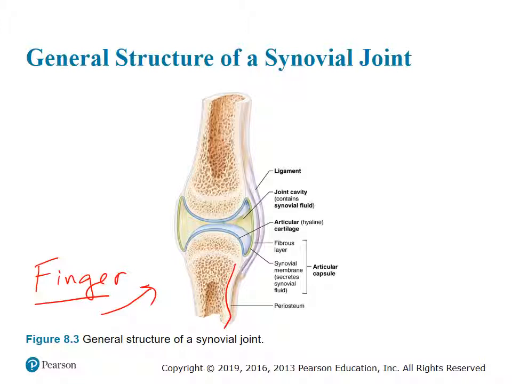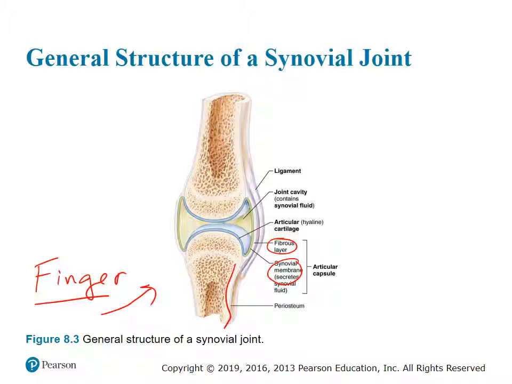Surrounding the cavity, because this is the cavity, in fact, anything in green here is the cavity. So anything down over here in this area is cavity, right? That's what's going to have the fluid inside of it. And then lining the cavity is the synovial membrane, which is the green line, and the fibrous layer, which is that purple area there.